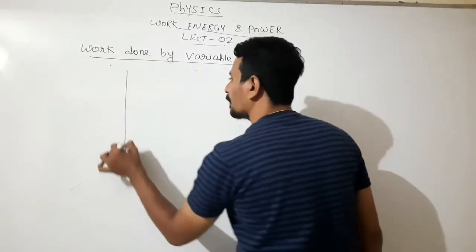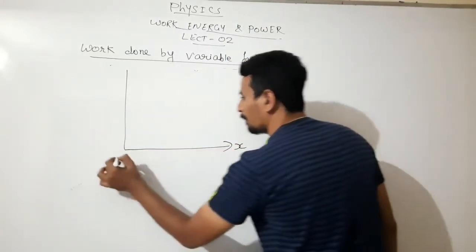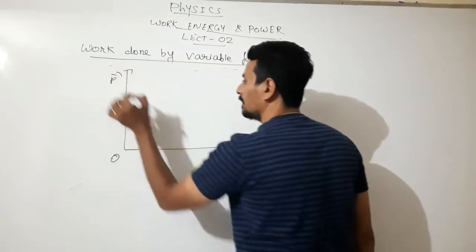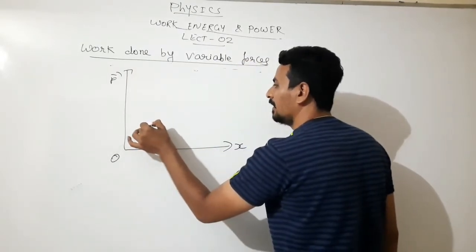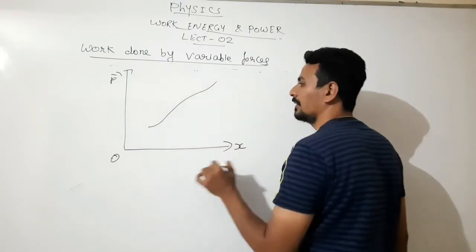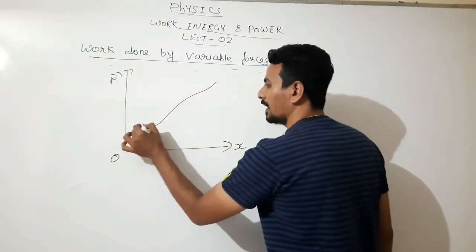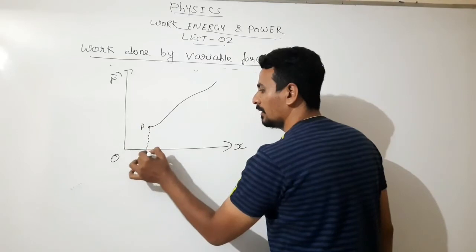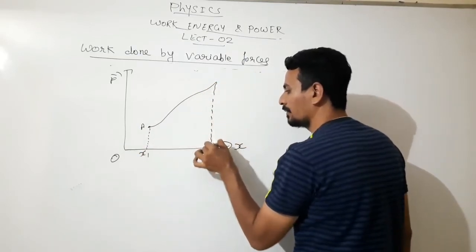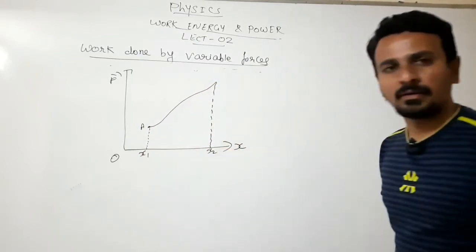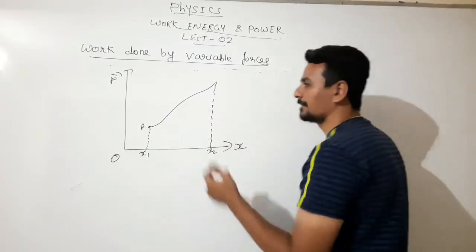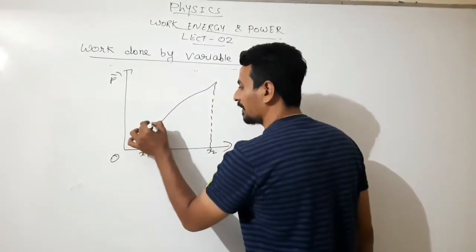Now suppose the graph of force versus position is given for a particle. Let us say the particle is moving this way, from an initial position x1 to a final position x2. This is by the method of graph. Divide its trajectory, divide the path.